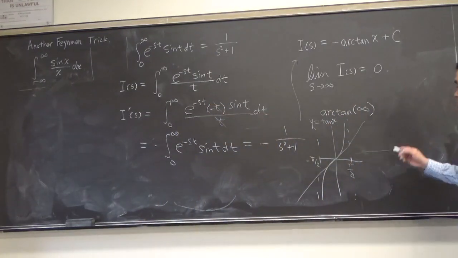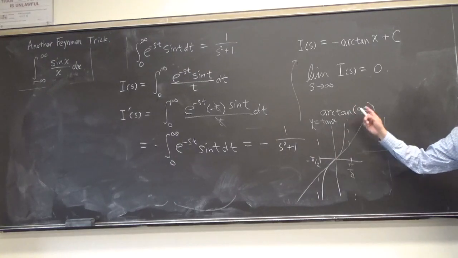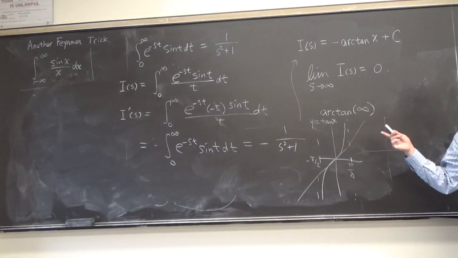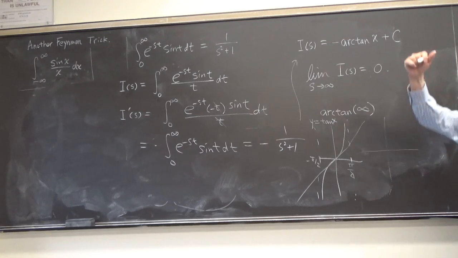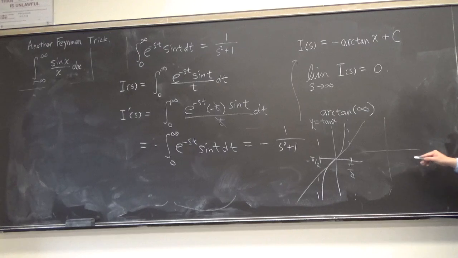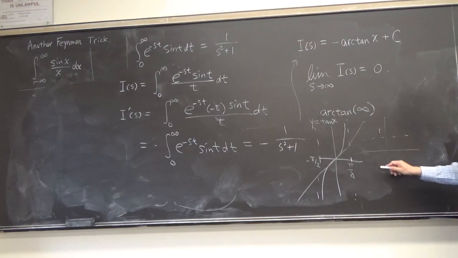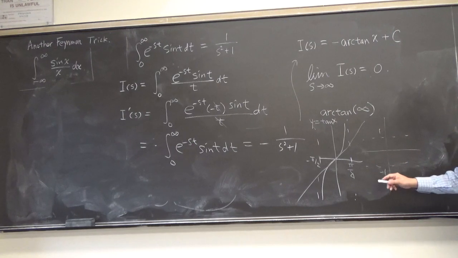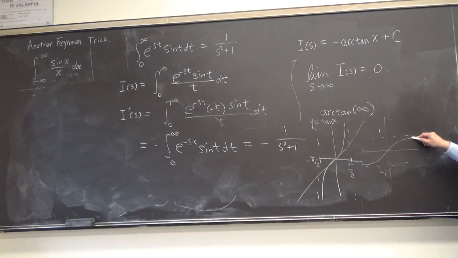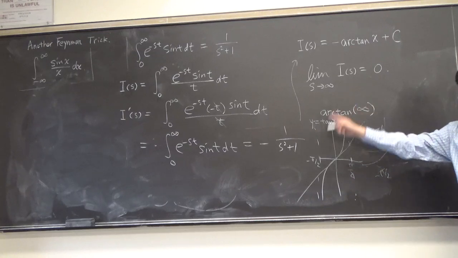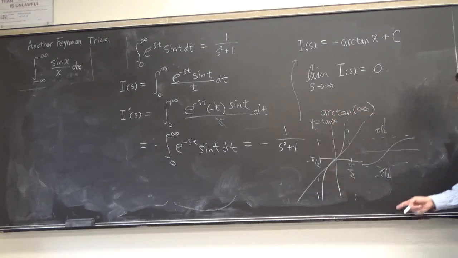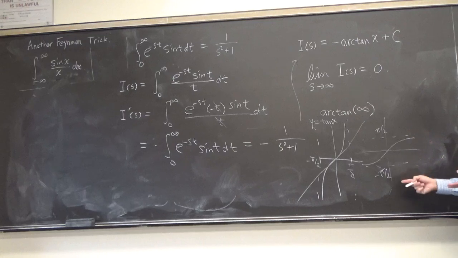One of the effects is that the vertical asymptotes become horizontal asymptotes, because you're reflecting over the diagonal. They will be pi over 2 and negative pi over 2, because you had vertical asymptotes at pi over 2 and negative pi over 2.